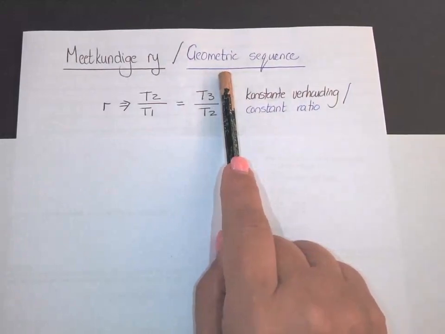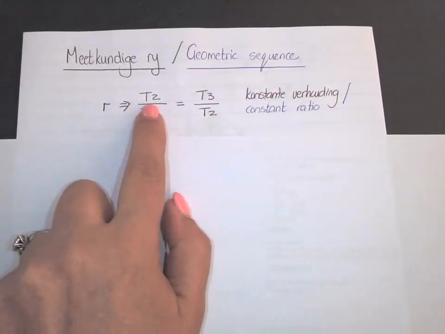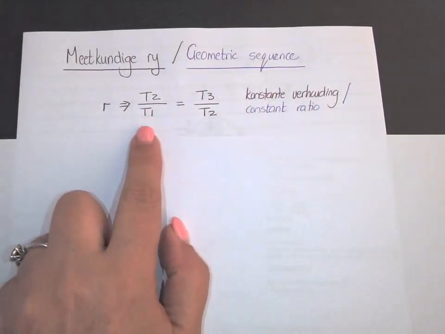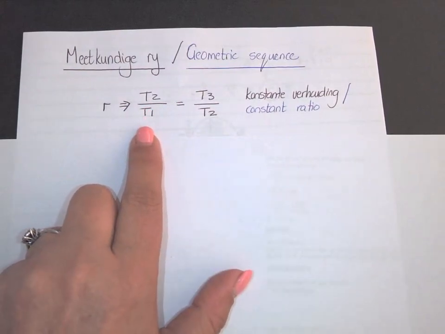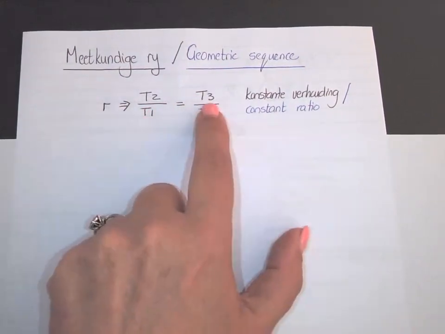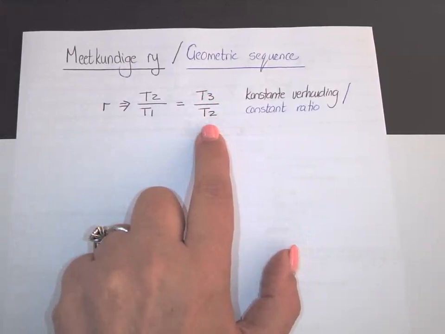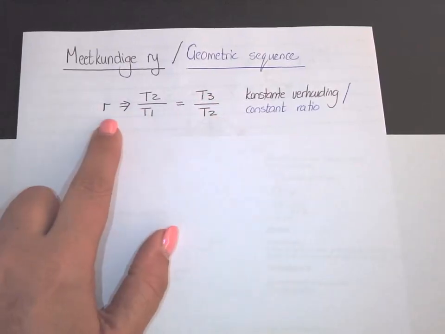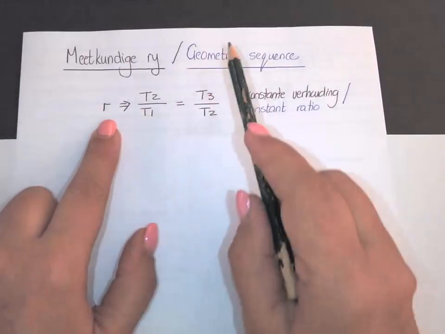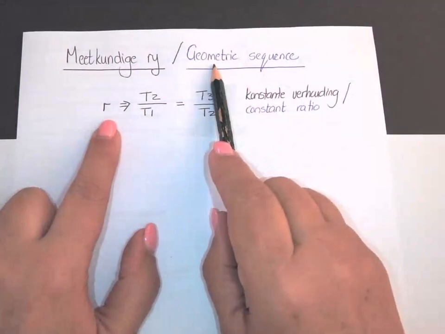How do you get the ratio? You take the second term and you divide it by the first one, and that must be the same as the third term divided by the second one. Then you have your R, your ratio, and that means you have a geometrical sequence.